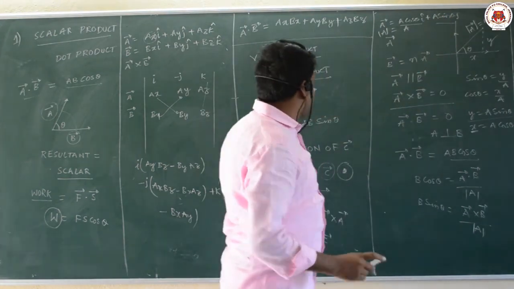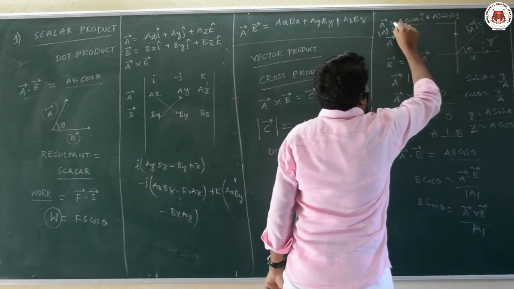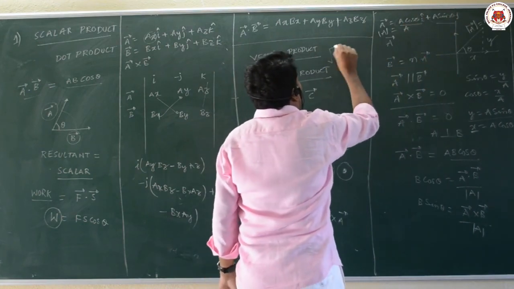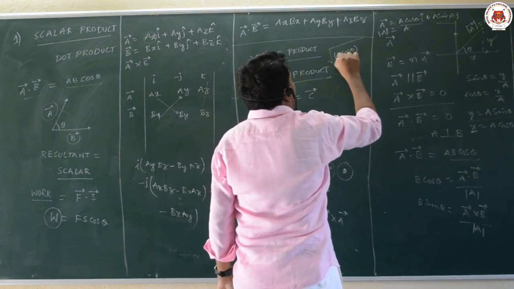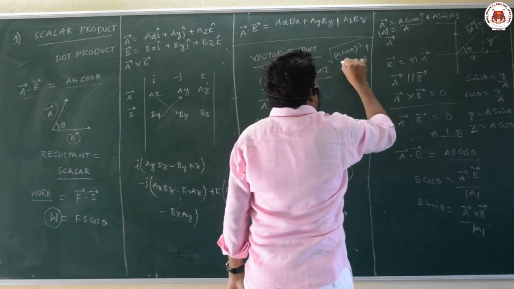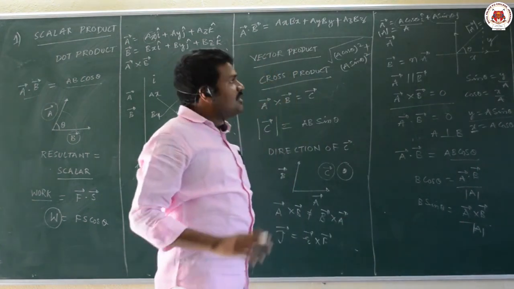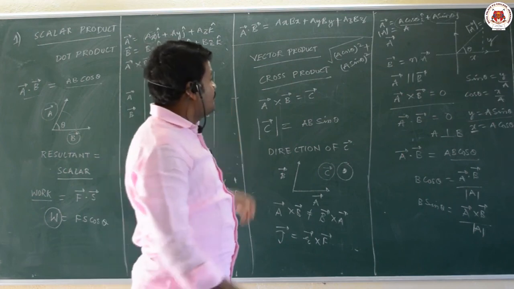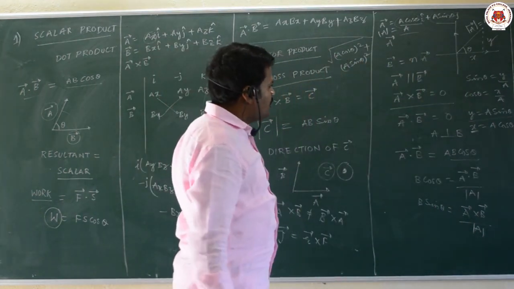So in the parallelogram law of vectors, in place of A there is A cos theta, in place of B there is A sin theta. Root of A cos theta whole square plus A sin theta whole square plus 2 A cos theta into A sin theta into cos 90, and cos 90 you will get 0. So the magnitude again you will get as A. So this is how you have to remember.